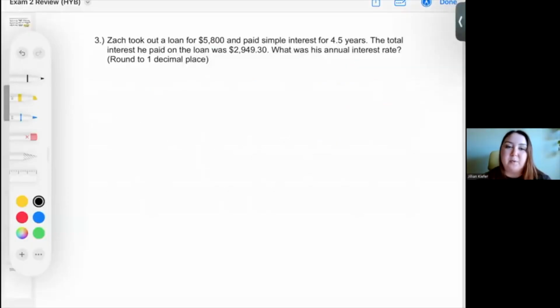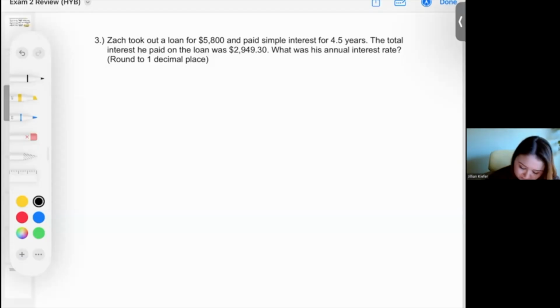So for problem number 3, we're told how much the loan was originally for, meaning our principal. We're told how much time it was, 4.5 years, and we're told the amount of interest. So between those things that we already know, interest, principal, time, and we're solving for the rate, the equation we can use is the equation for simple interest.